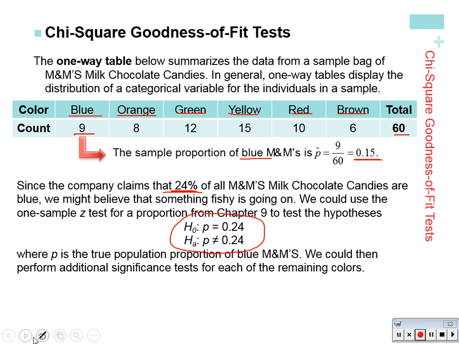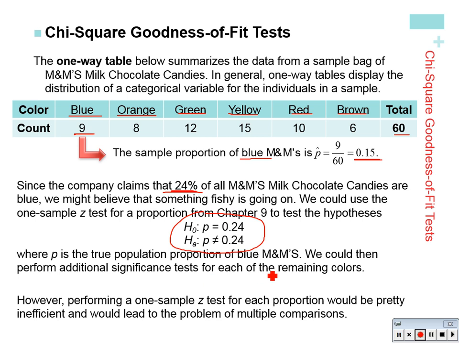When we're going through a chi-square goodness of fit test, one of the things that we do is we take the one-way table and we take all of these values that we have here and we look at them collectively to see if there's anything in all of the colors together that would suggest that the company's claim is not true.